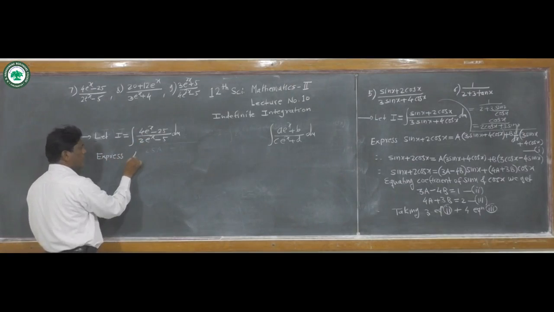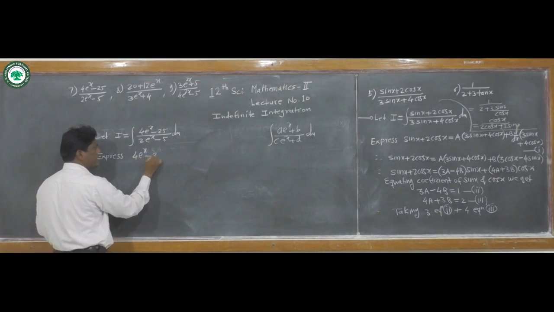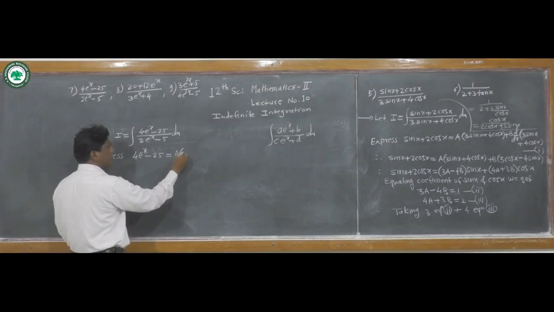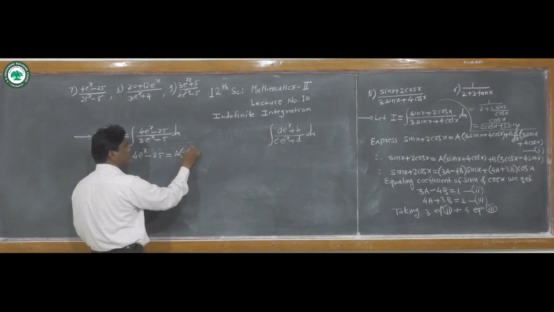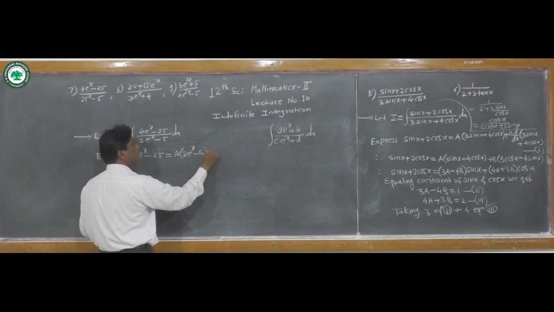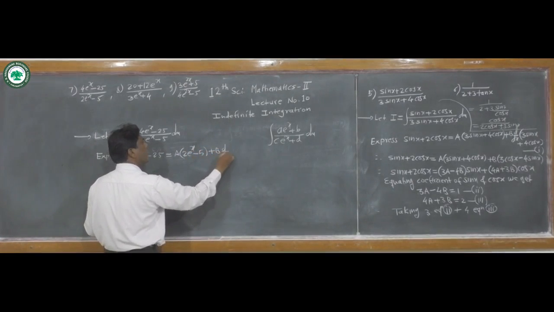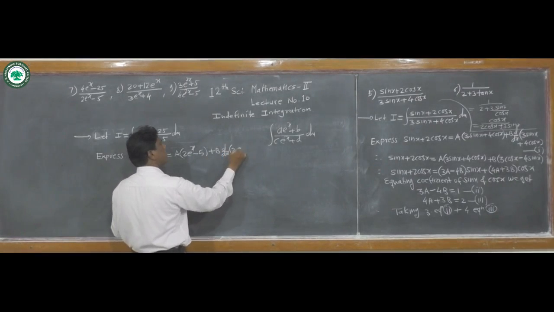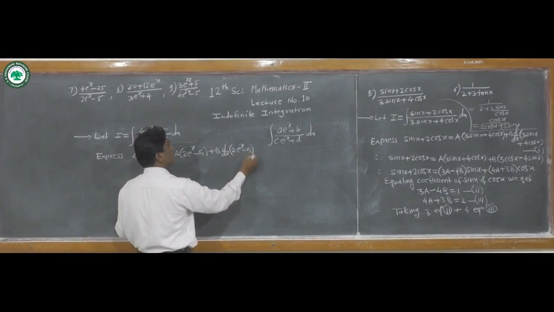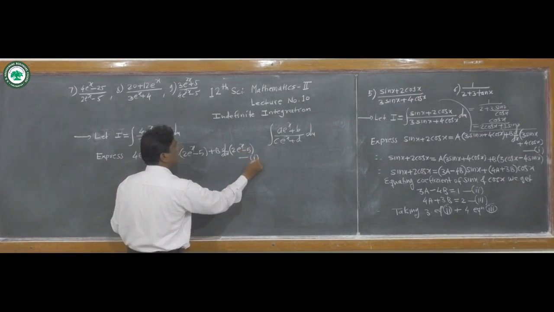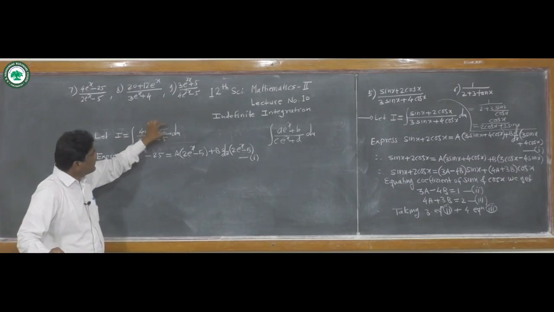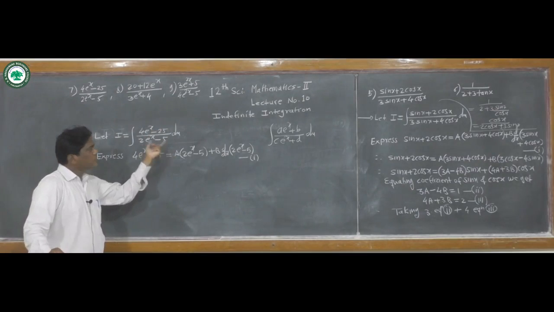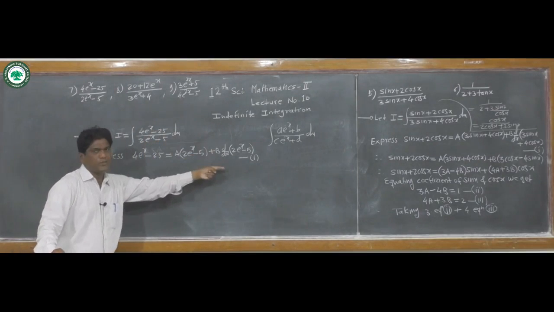So express the numerator, that is 4e to the power x minus 25, as a into denominator. The denominator is 2 into e to the power x minus 5, plus b into the derivative of the denominator, and we call this equation number 1.